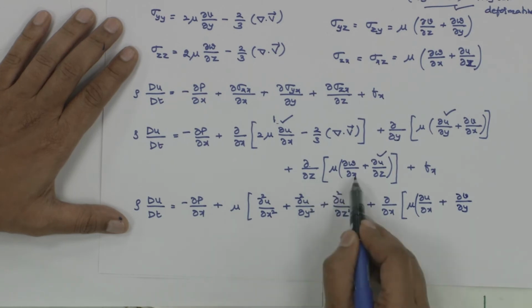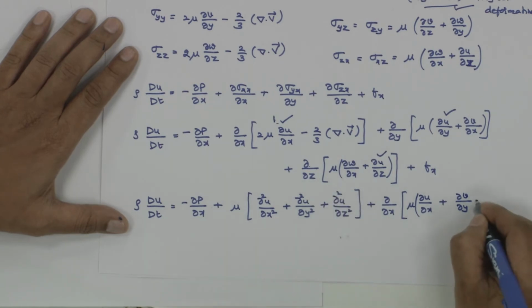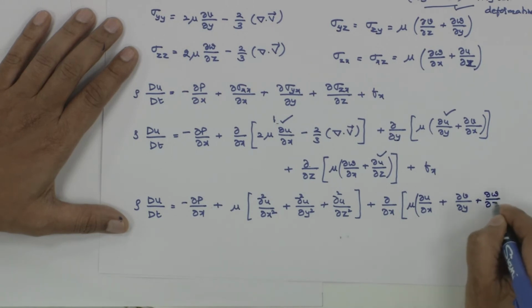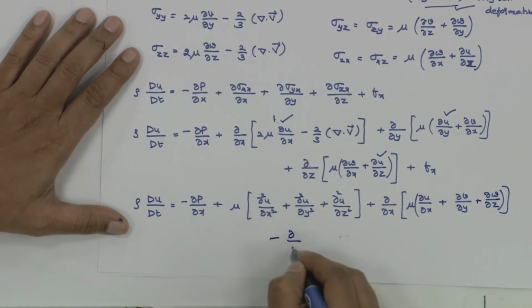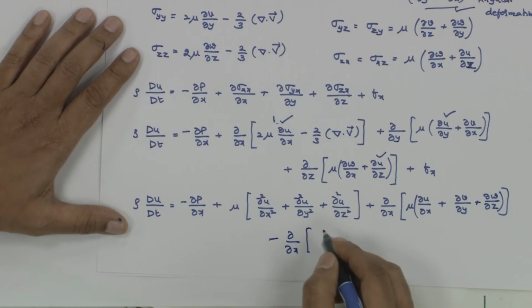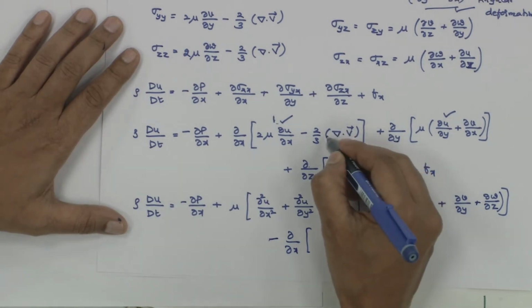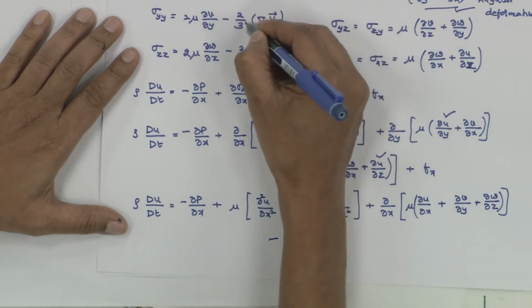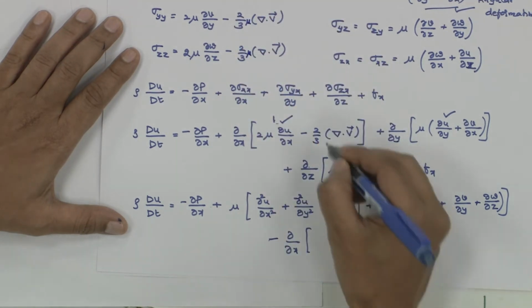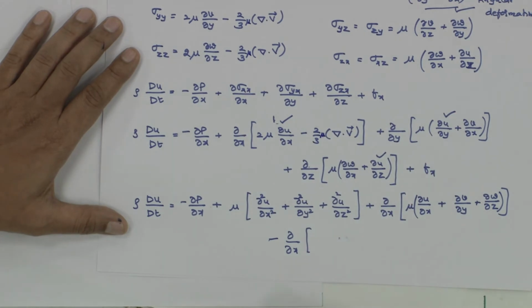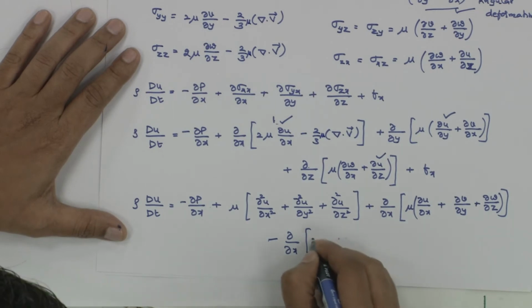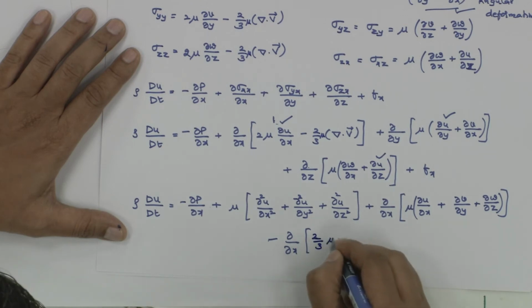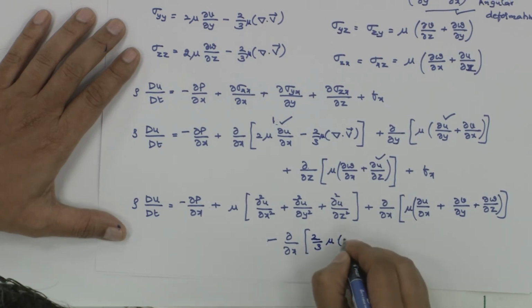Similarly, I will interchange this z and x, so I get del w by del z. What is left out now? Minus of del by del x of, here actually I have missed out mu, please write down, I am sorry about that, so mu is here. So you get minus 2 by 3 mu of del dot v.